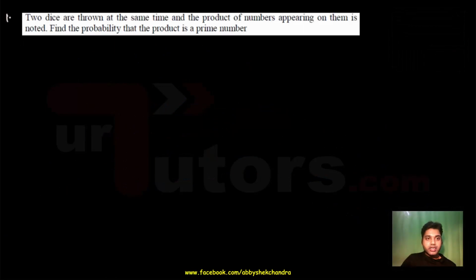Next question, question 11, again from probability. 2 dice are thrown at the same time and the product of numbers appearing on them is noted. Find the probability that the product is a prime number.